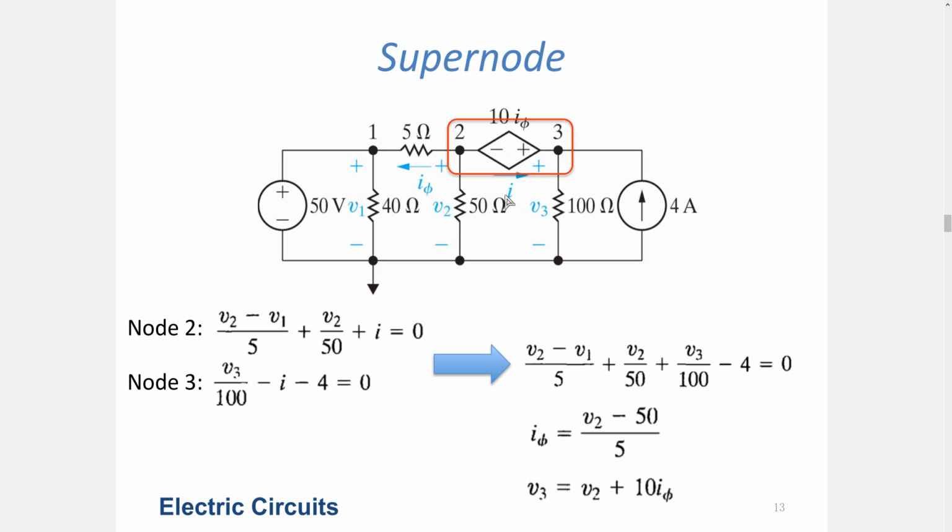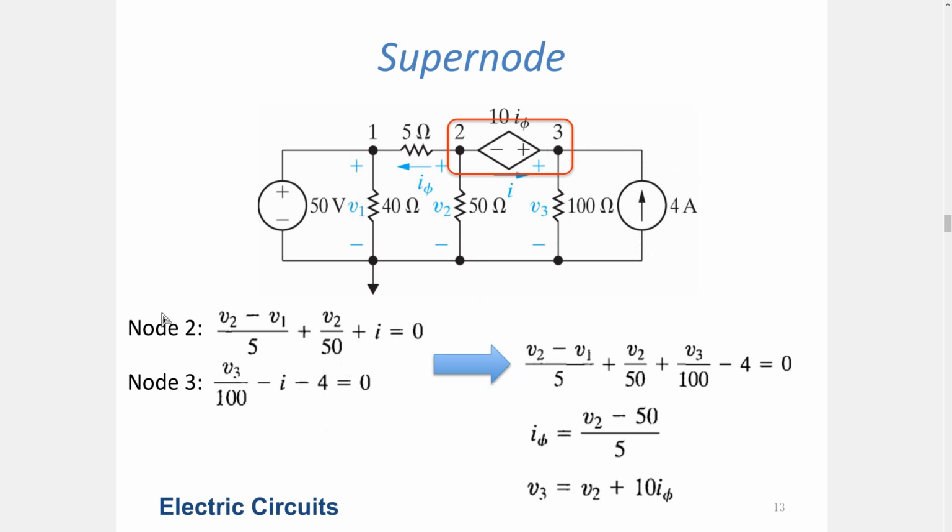The first one is the I that's entering, which is the unknown. The second one is the current leaving this node through the 100 ohms resistor towards the ground. And also an independent current source whose current is entering this node. So they should sum to 0 according to the KCL at circuit node 3. If we write down the equation, we will see that this holds.